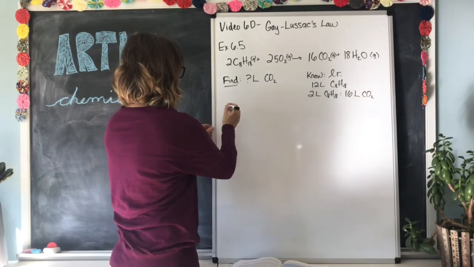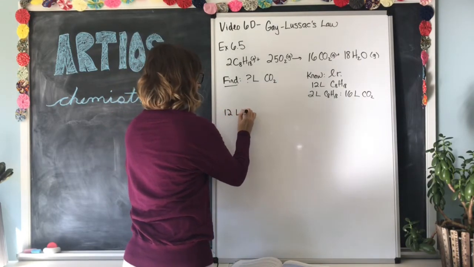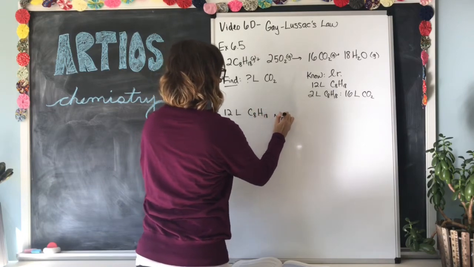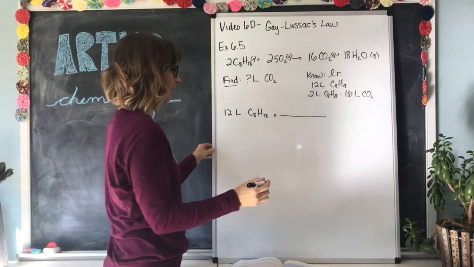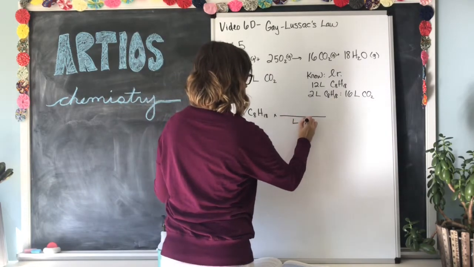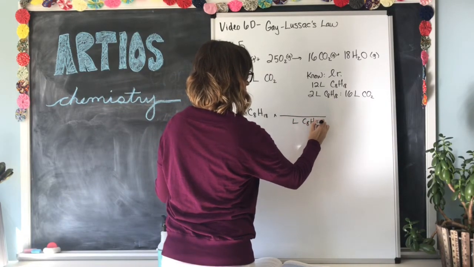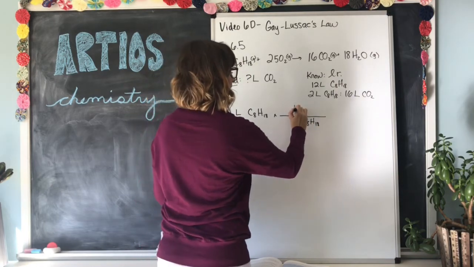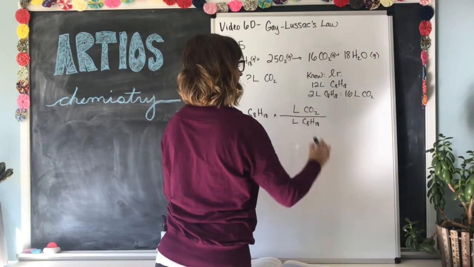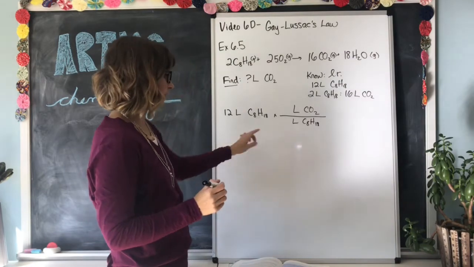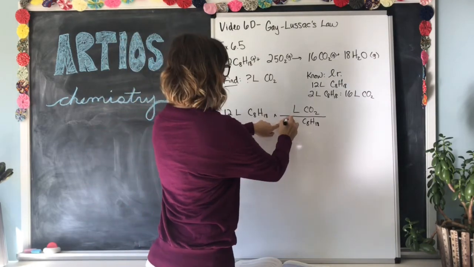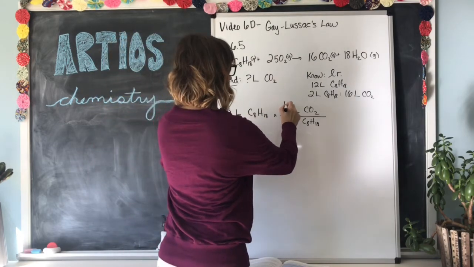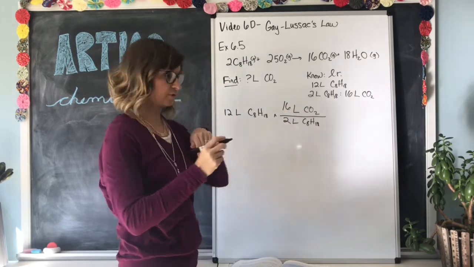Okay, so we're going to start with 12 liters of C8H18, and we're going to multiply by our ratio. We have liters of C8H18 on the bottom. We have liters of carbon dioxide on the top, and now we plug in our numbers. There were 2 liters of C8H18 for every 16 liters of CO2 produced.